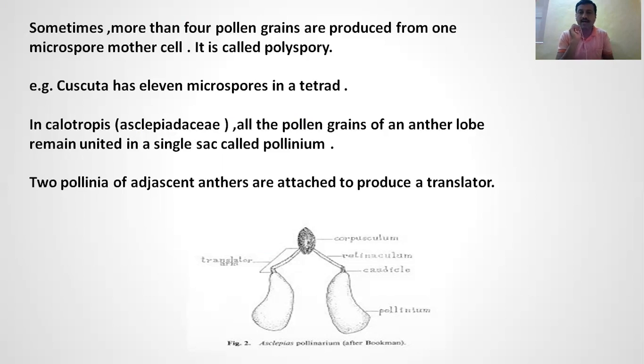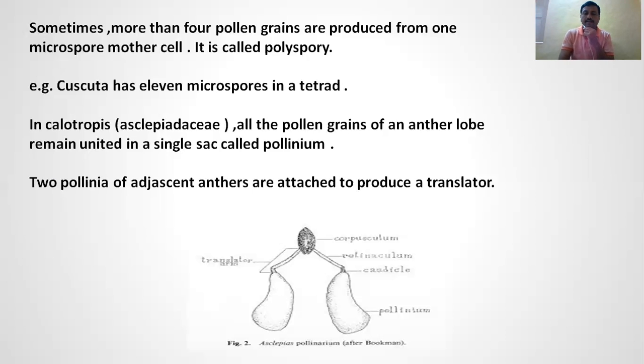This is called a pollinium. Like in this diagram, it is the pollinium structure of the Calotropis plant. Two pollinia of adjacent anthers are attached by a translator.